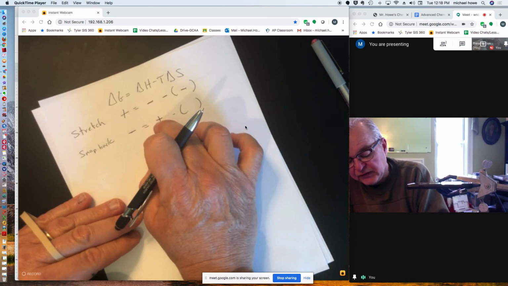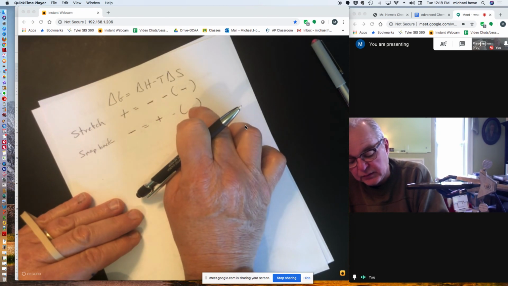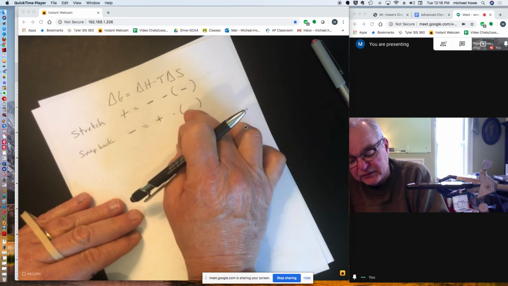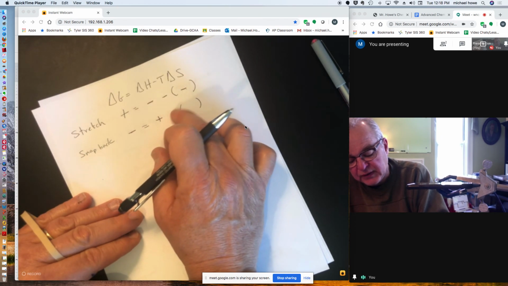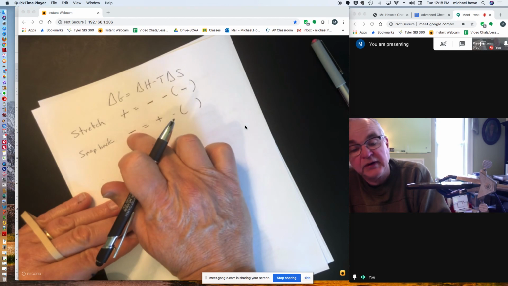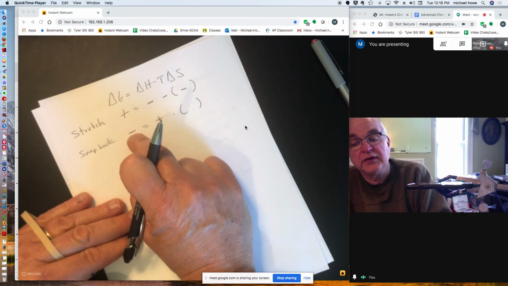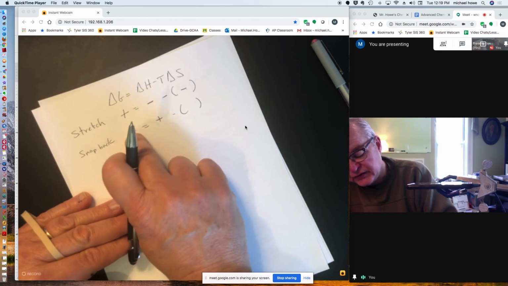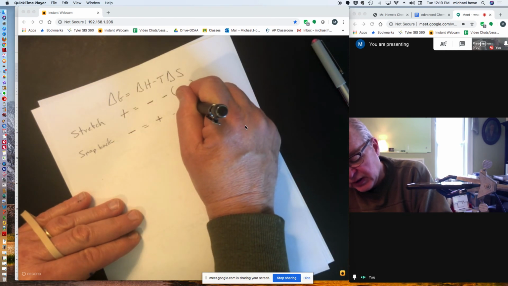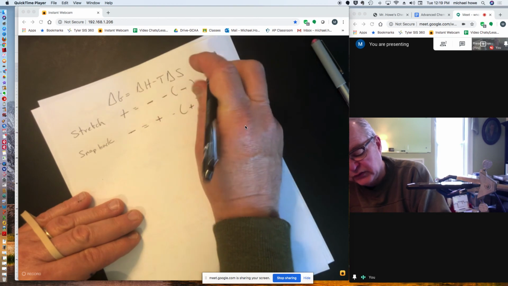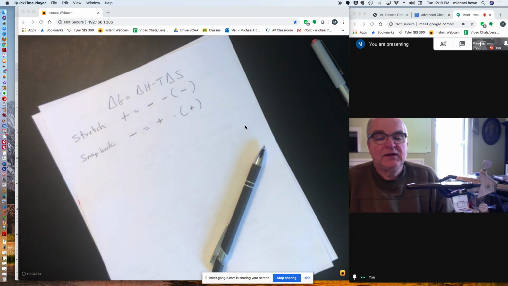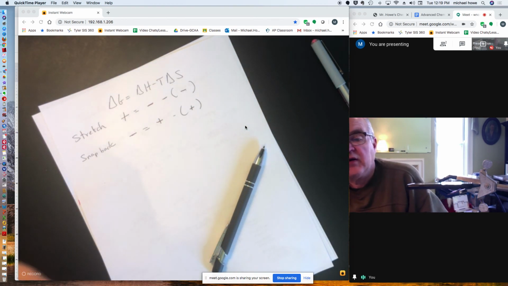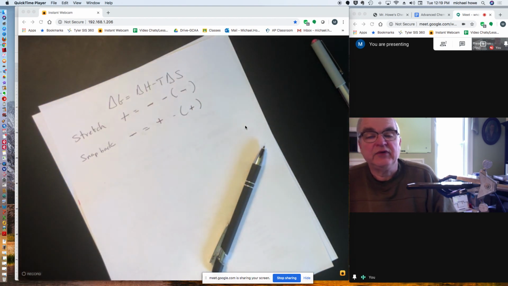Well, I've got a positive number. If this was a negative number, then that would always be positive, right? So positive minus a minus is plus. But we know it spontaneously went back, so we know delta G has to be negative. If that's the case, then the entropy here has to be positive. So it's getting more disorderly when it snaps back. All right, so that's an example of how these signs apply to something in your everyday life.